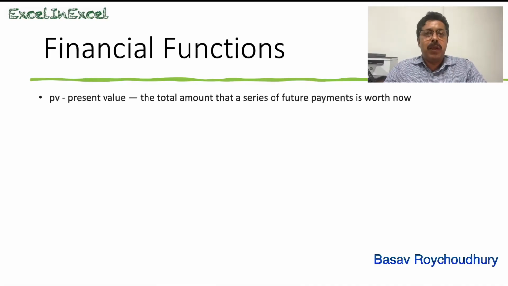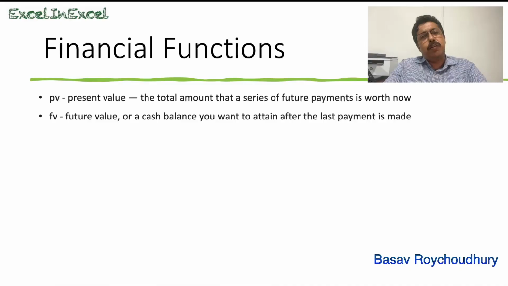So if I'm making a bank deposit today, the present value is negative because it goes out of my pocket. On the other hand, if I'm taking a loan, that 1 lakh loan is coming to my pocket, so that's positive. So present value can be positive or negative based on the scenario we are talking about.